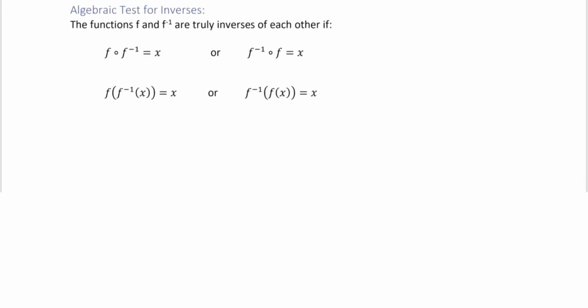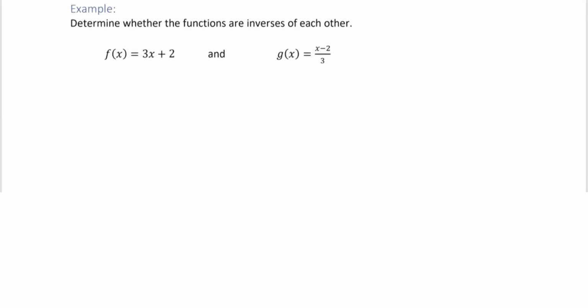We can algebraically test for inverses. If f composed with its inverse equals x, or if f inverse composed with f equals x, we know that they are truly inverses of each other. For example, let's determine whether the functions are inverses of each other or not. We'll start by composing f with g.